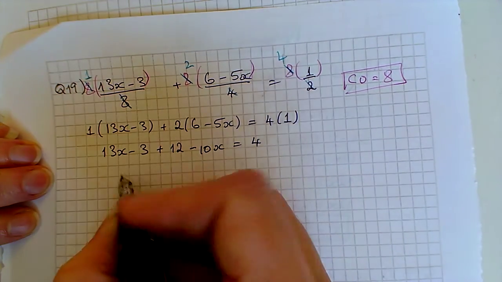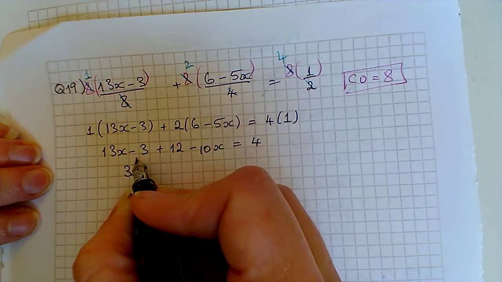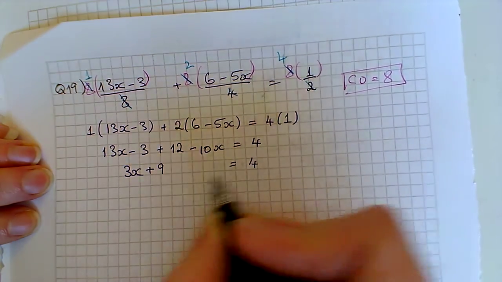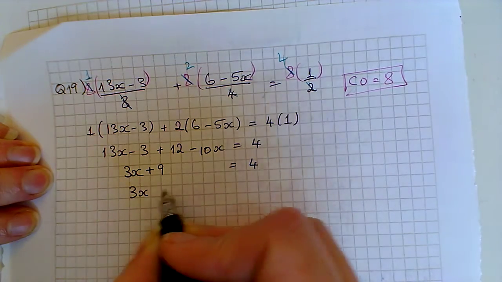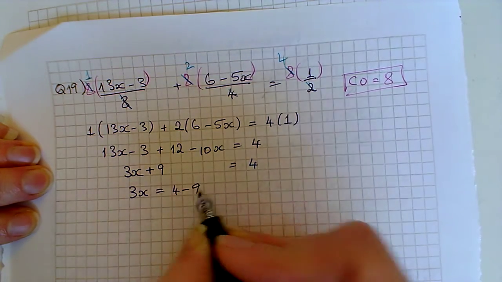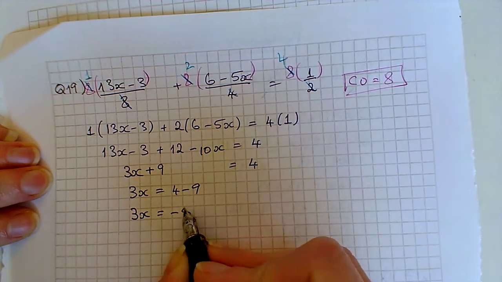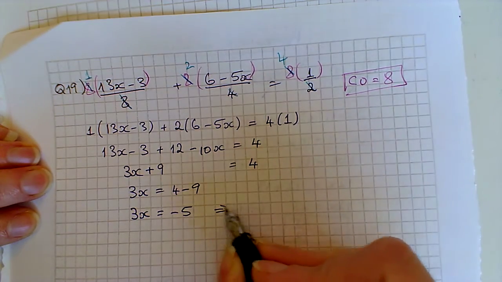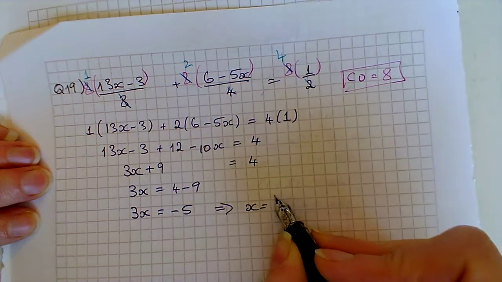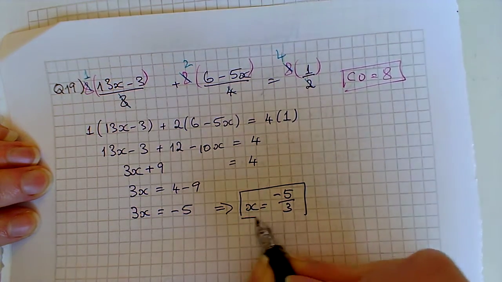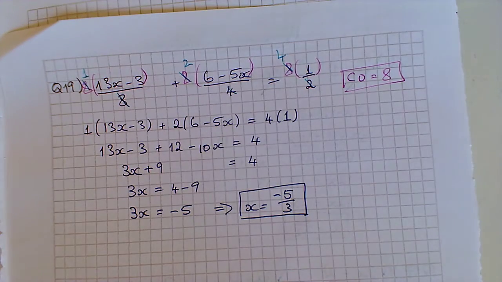Simplify, 13 take 10 is 3x, minus 3 plus 12 is plus 9, equal to 4. Letters left, numbers right, change sides means you change signs. So 3x is equal to minus 5, and x is equal to minus 5 thirds, minus 5 over 3. Just leave the minus on top like that. It's perfectly fine.